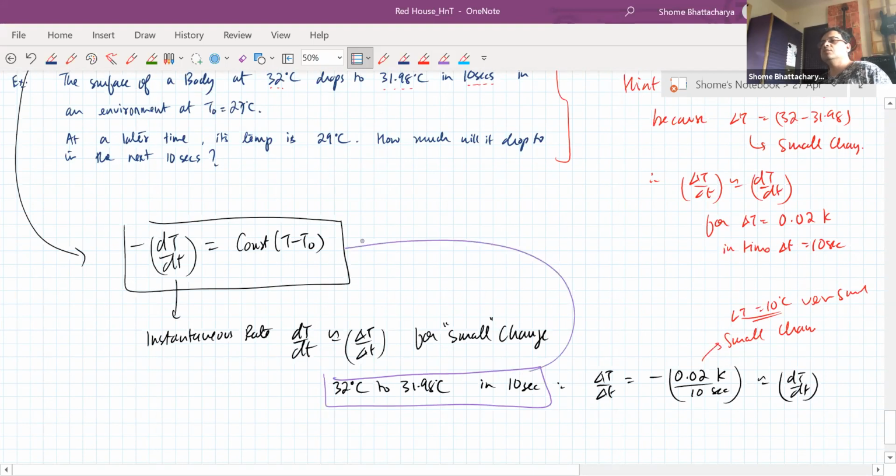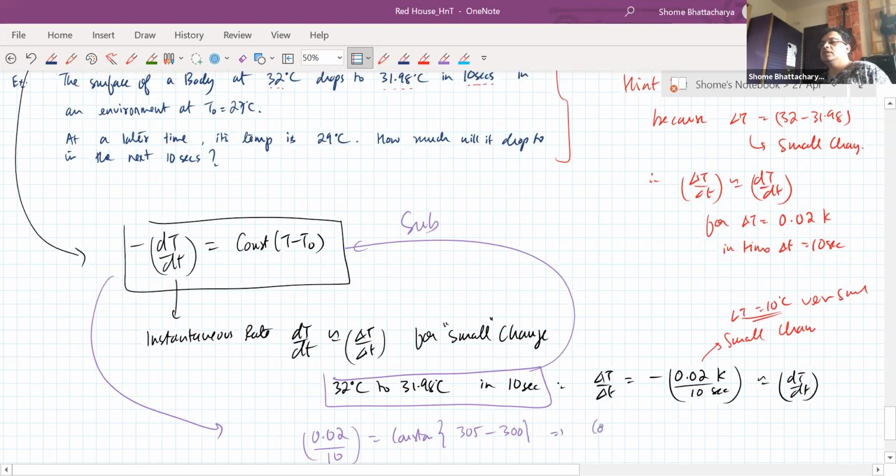So according to that, when we substitute this information in this equation, we get that 0.02 upon 10 is equal to this constant, whatever it is, into 305 minus 300.